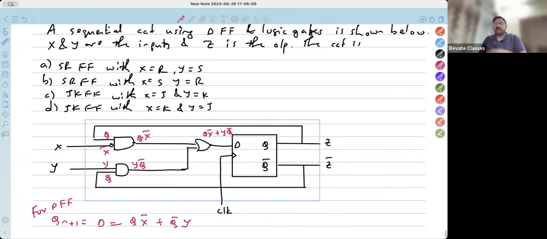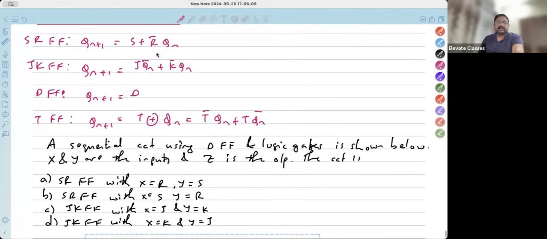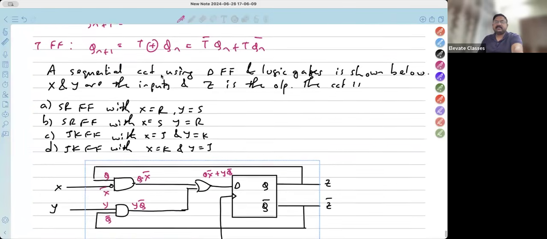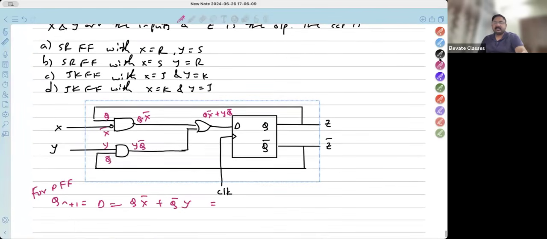So this is your final output. ये किसके characteristic equation को resemble करता है? Whose characteristic equation is it resembling? See, only the JK flip-flop has something like this, right? So if I write the JK flip-flop characteristic equation, what do I get? Just below this I'll write it so that it becomes easier to identify.